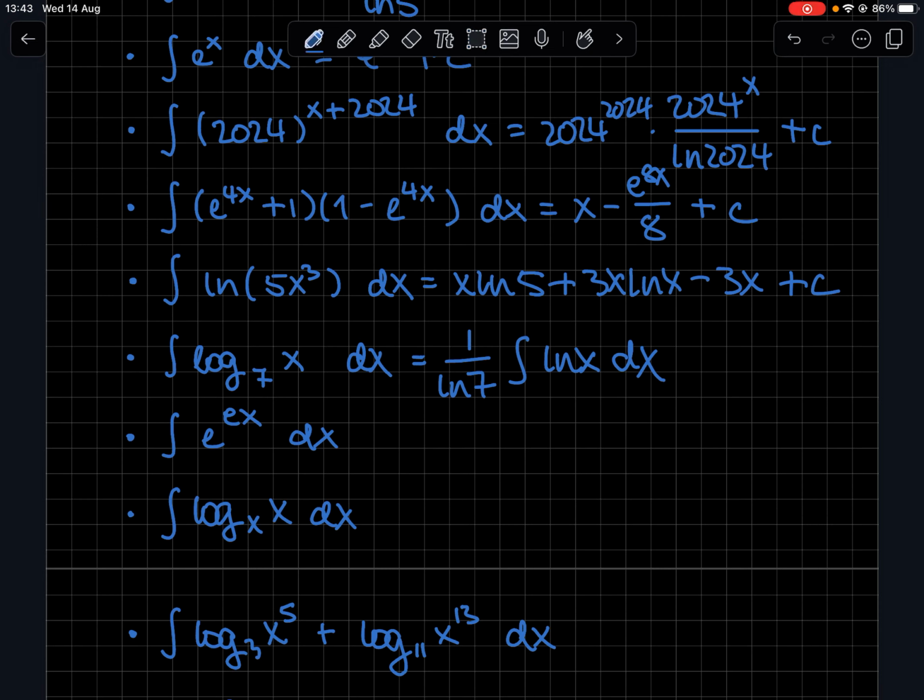And now the integral of ln x, we had it before. We can just say as a final answer that this is x ln x minus x over the ln of 7 plus c.